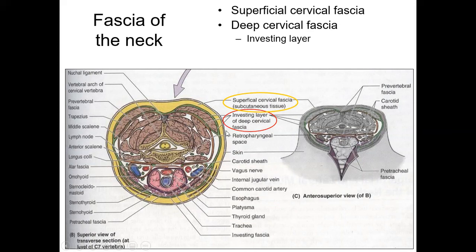We have the investing layer of the deep cervical fascia, you can see the green color. And then we also have the pretracheal layer, the pretracheal fascia, and the prevertebral layer of the deep cervical fascia. So these are the components of the deep cervical fascia.